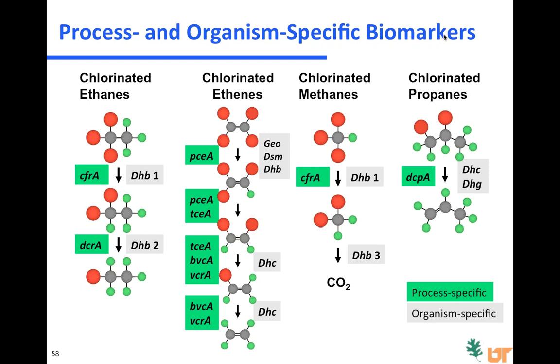I think the point I want to make is that we are getting better and better developing understanding of these specific biomarkers. We can go to the environment, take a sample, and then ask specific questions. Are these biomarker genes there? Are they active? How abundant are they? And we can give information about possible and actual activity.